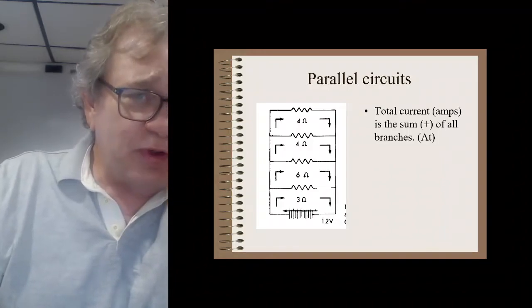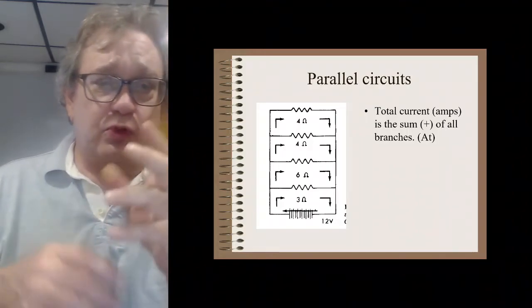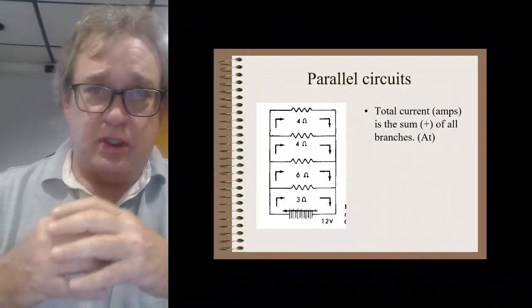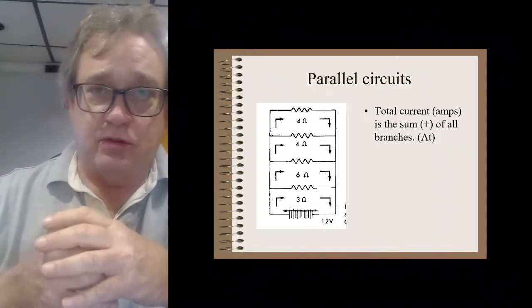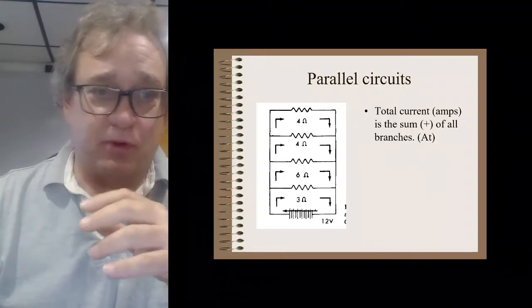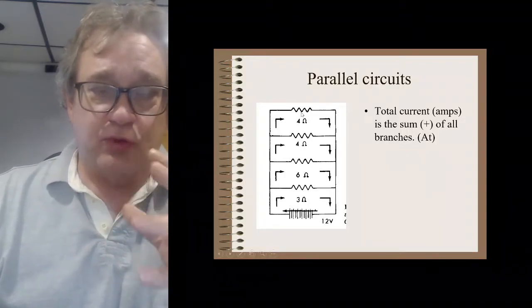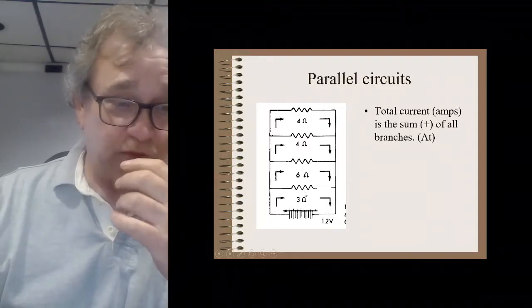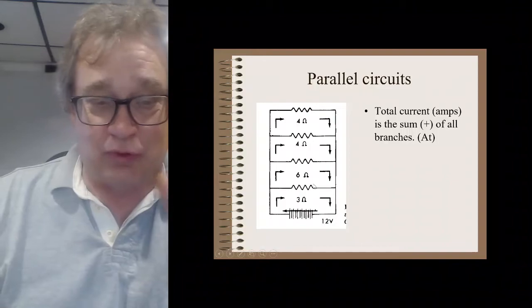Parallel circuits are a little different. The amps are different at each branch. So I'll have a certain amount of amperage traveling through this one, a certain amount through this one, a different amount through this one, and again a different amount through this branch.